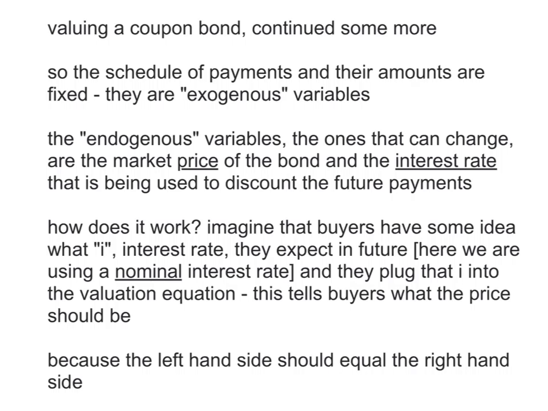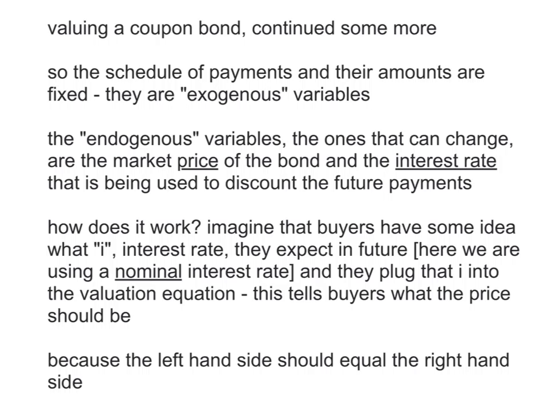Out of that, they can calculate what they think is the true value of the bond, and that tells them the maximum price that they should be willing to pay for the bond. Of course, a trader will always be willing to pay less than the so-called true value of the bond, but they would never want to pay more.